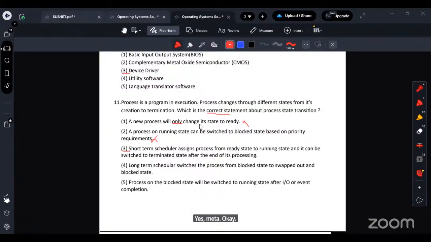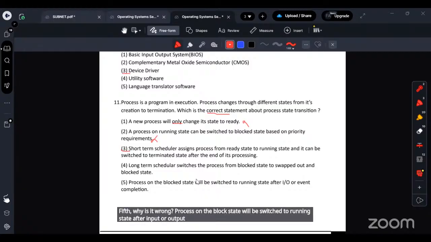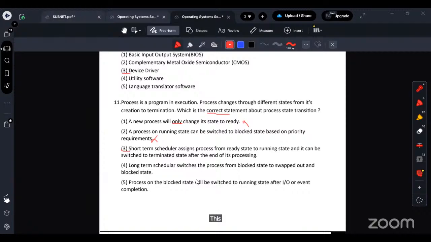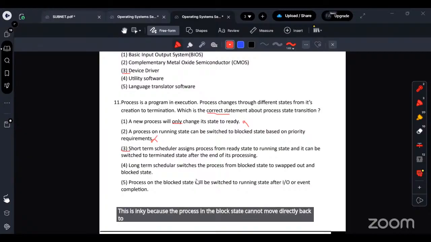Fifth, why is it wrong? A process in the blocked state will be switched to running state after input or output completion. This is incorrect because a process in the blocked state cannot move directly back to running. It must first return to the ready state to be scheduled by the CPU once again.